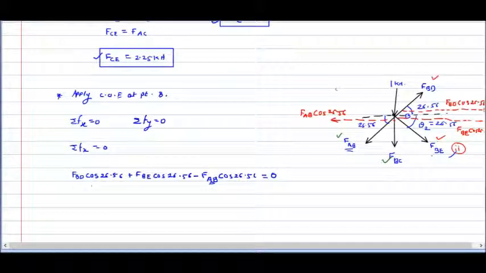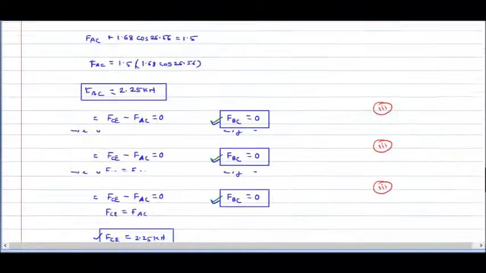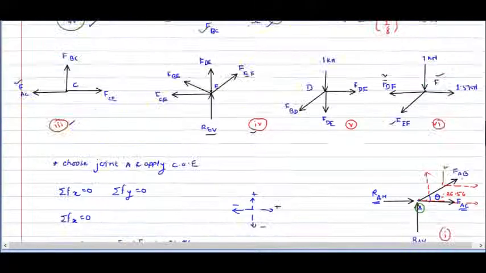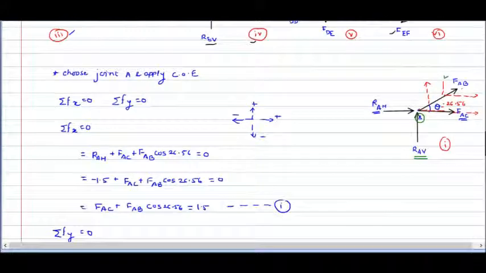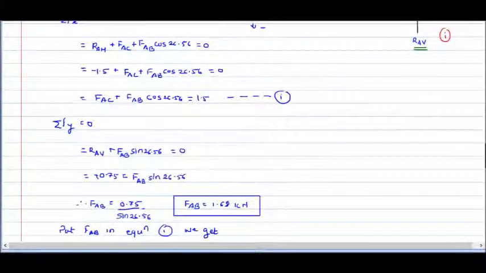So in this equation there will be two unknowns: force in member BD cos of 26.56 plus force in member BE cos of 26.56. This is equal to, I will take the AB term to that side, and check the value for force in member AB that we calculated earlier.